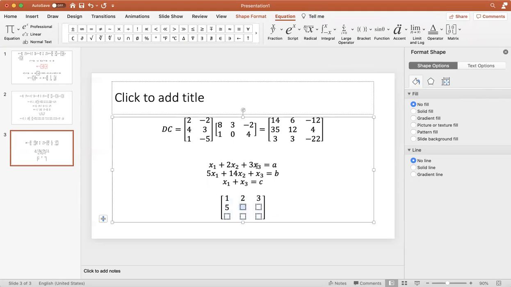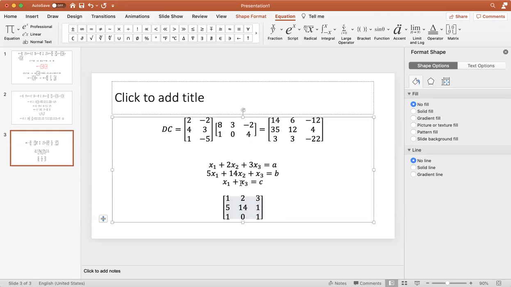You have 5, 14, and 1. Okay, and then you have 1. What if one of the variables is missing? If one of the variables is missing, it just means that the coefficient of that variable is 0. So since x2 is missing in the third equation, its coefficient is just 0. And then you have 1.